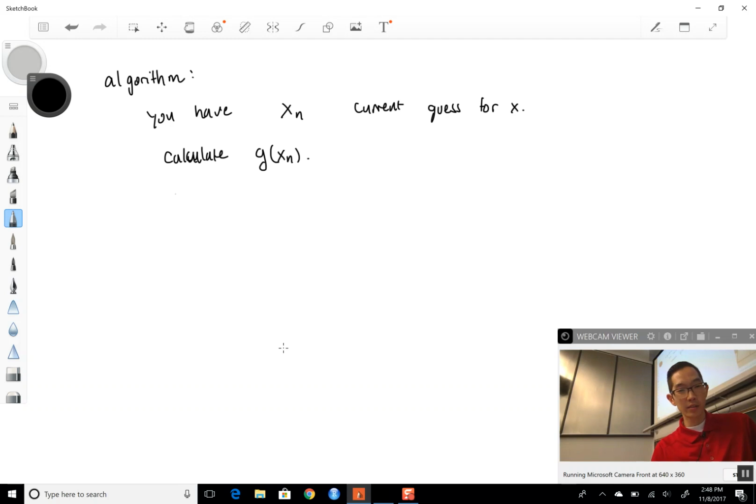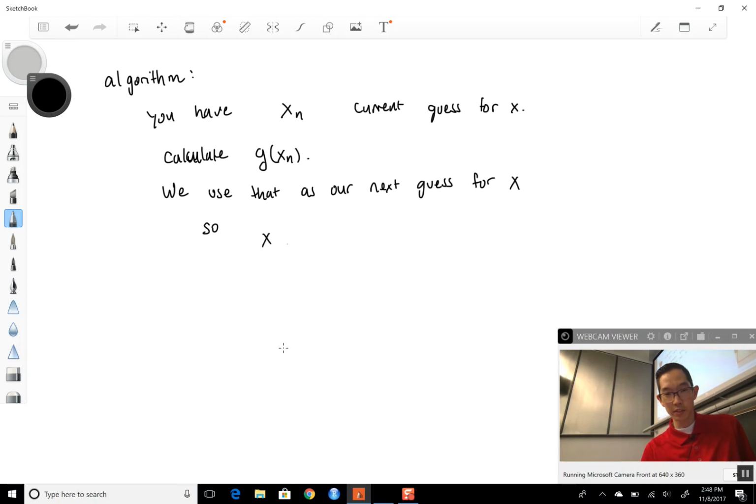And then we use that as our next guess for x. So we have x at time n plus 1 is equal to g of xn. Okay, and this is the entire fixed point iteration algorithm.